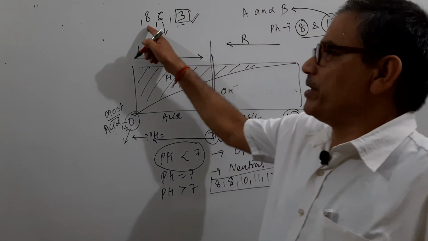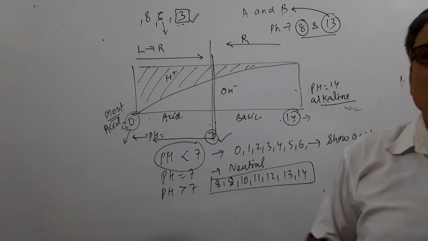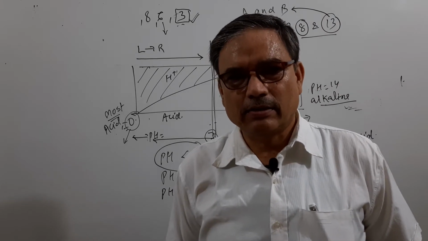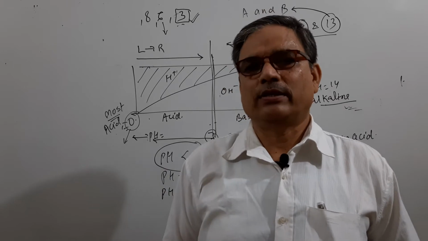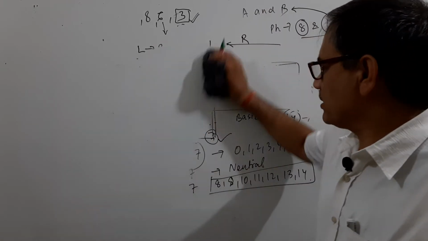If pH is 8, that means it is basic in nature. More pH, less acid. Less pH, more acid. That is the simple result.